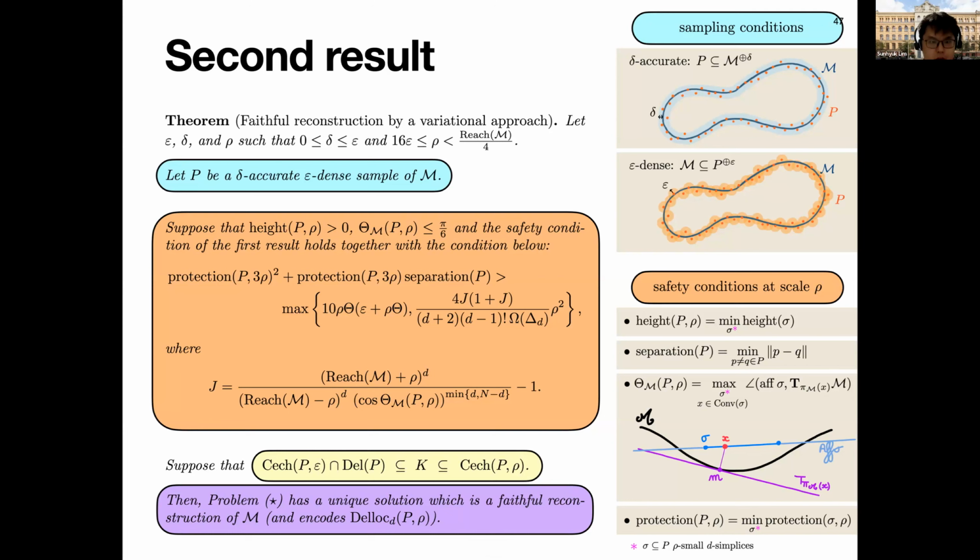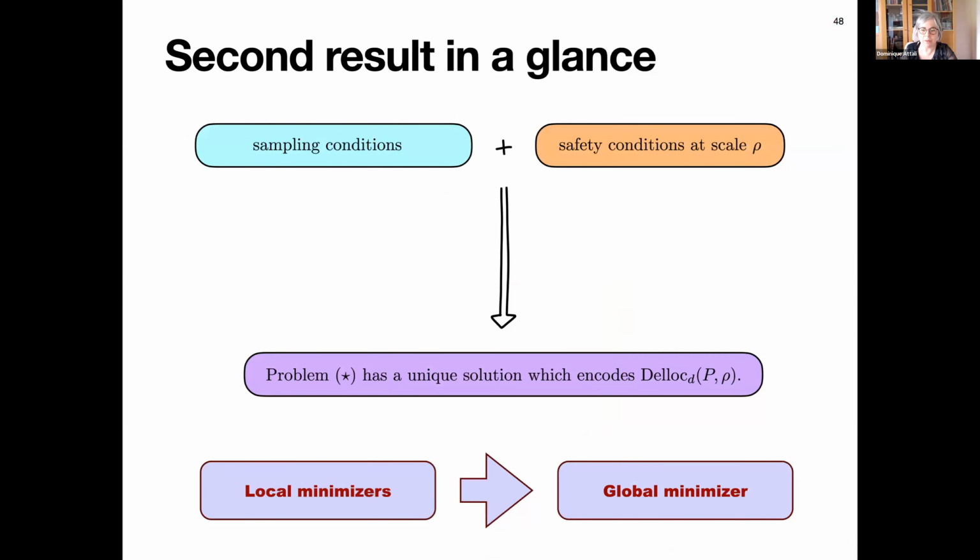Yeah, sure. Thank you. So I think that my time... So what does it say? It says that you have your sampling conditions, your safety conditions, and then the problem that I just stated has a unique solution, which encodes the Delloc complex.